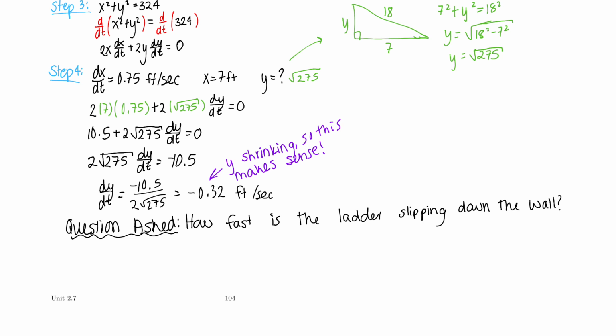Sometimes the negative will make sense, all right? So you can't just always discard negatives. But depending on what the question was that was asked, it could be unnecessary. So if it's how fast is the ladder slipping down the wall, the negative doesn't make sense in the answer.